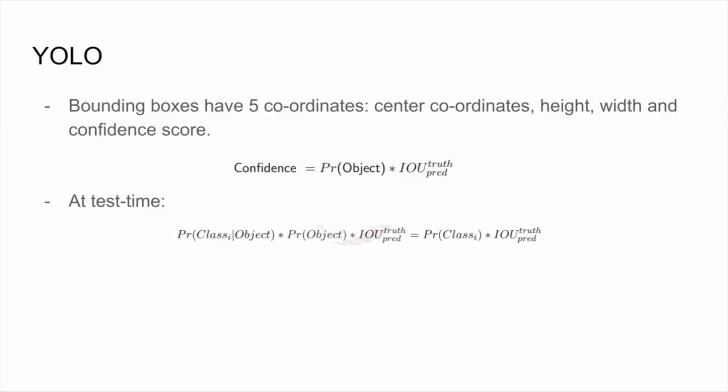If the width is given, I can draw the two vertical lines. And the fifth thing is the confidence score. What's the confidence on that box? That explains what you think is inside this box out of these 1,000 objects.